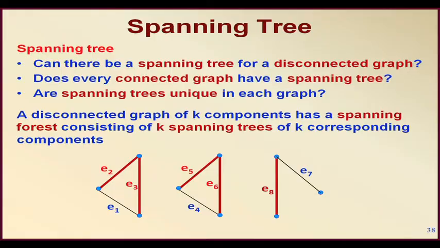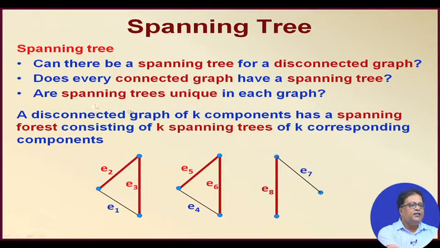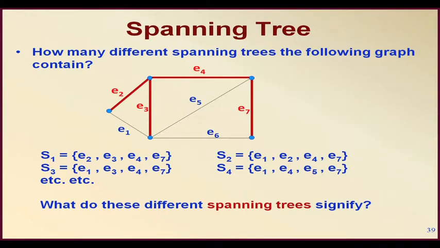So the graph itself will be the spanning tree. Then, are spanning trees unique in each graph? That is also a very interesting question: in a graph, will there be only one spanning tree or multiple spanning trees? Let us understand this question.